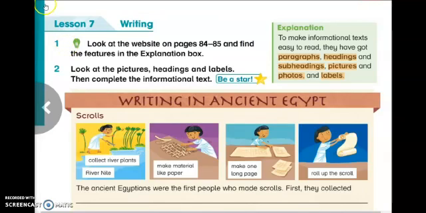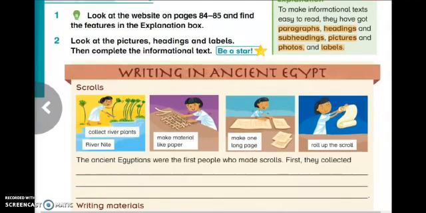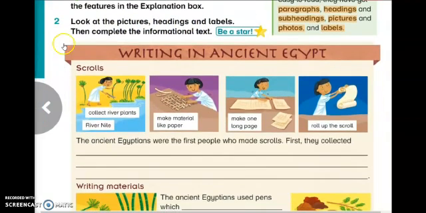Now, let's move to the second activity. Look at the pictures, headings, and labels, then complete the informational text. Now, look at these pictures. First of all, the heading that we have is Writing in Ancient Egypt. And here we have pictures.